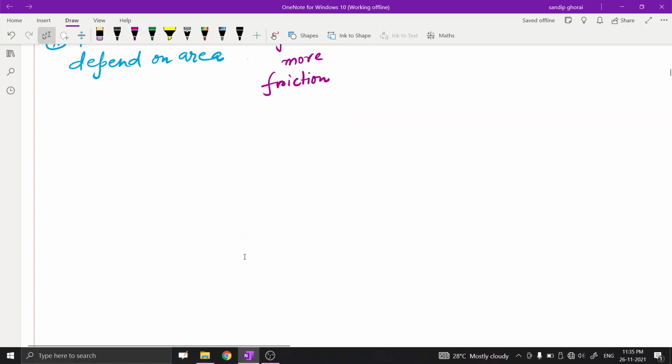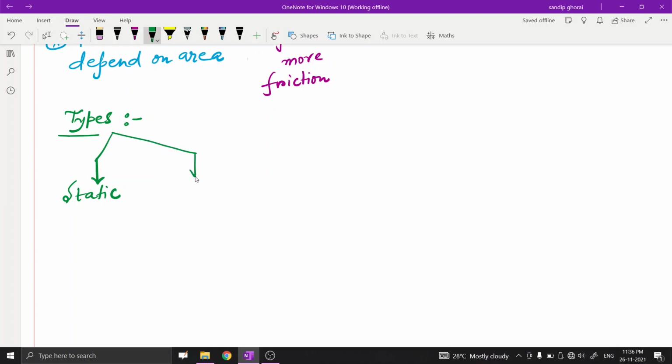In general there are a total of two types. One is static friction: when a force is applied on a body but the body does not move, the body is at rest, there is also a friction, and that friction is called static friction.